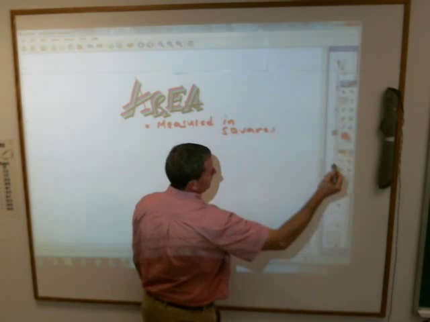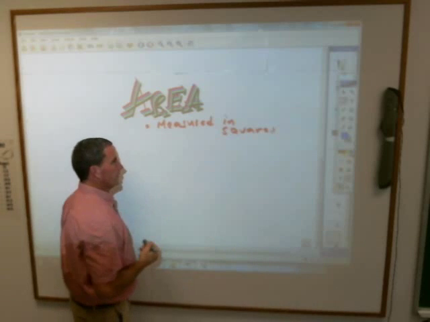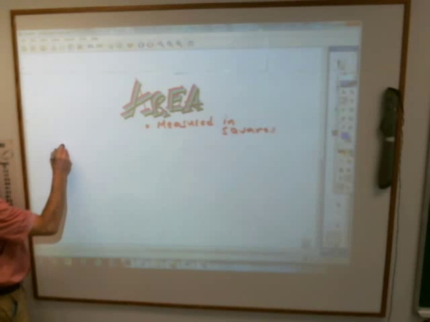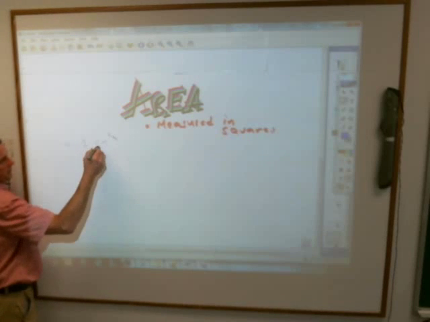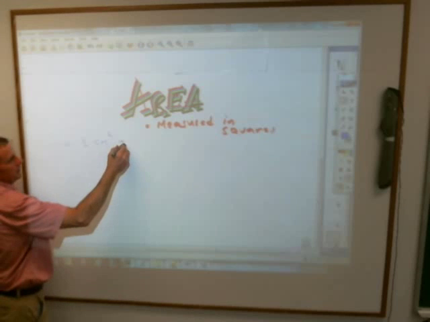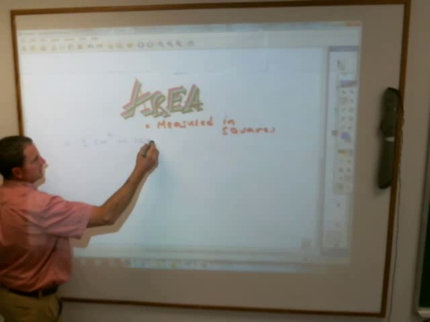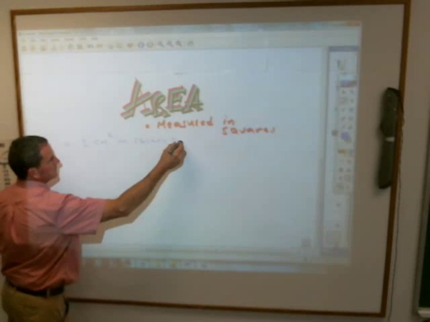You can have 1 square centimeter, which would look like this, about that big. 1 centimeter squared or square centimeter, you can call it however you want.